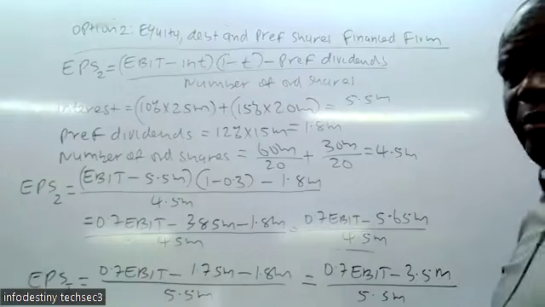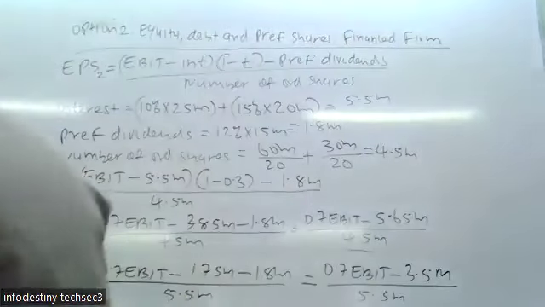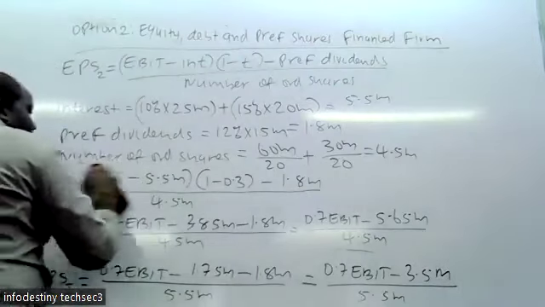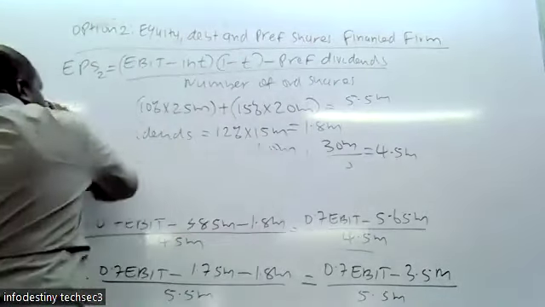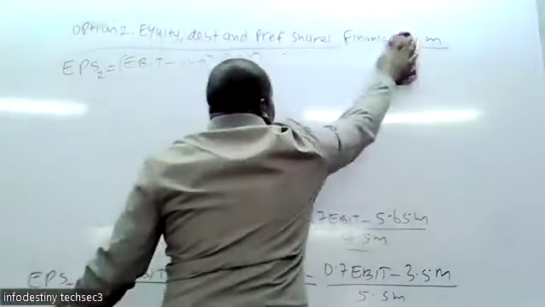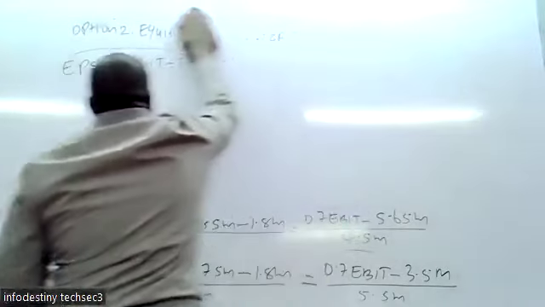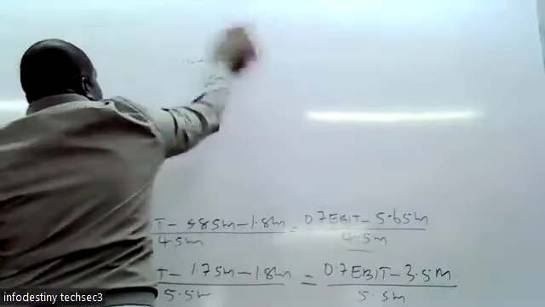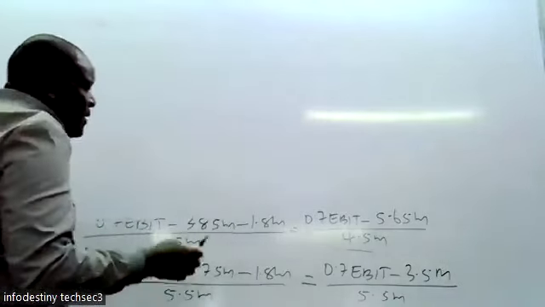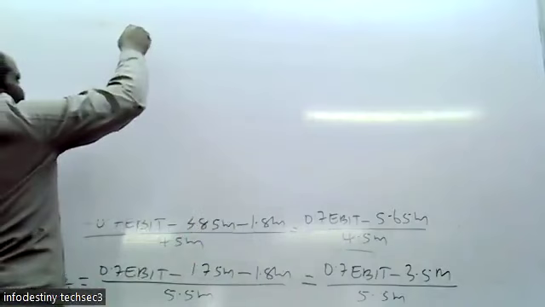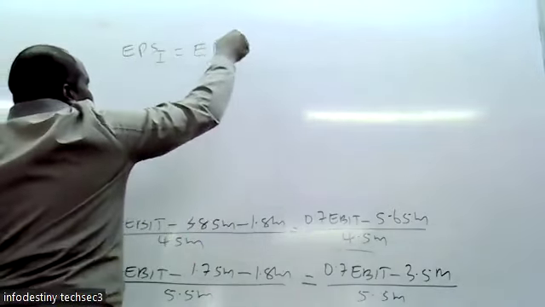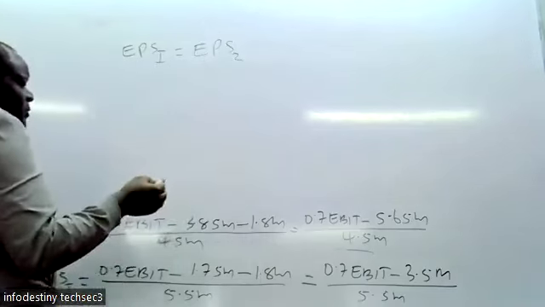So those two equations, now we equate them together so that we come up with the earning per share. At the point of indifference, earning per share for option 1 will be the same as the earning per share for option 2.